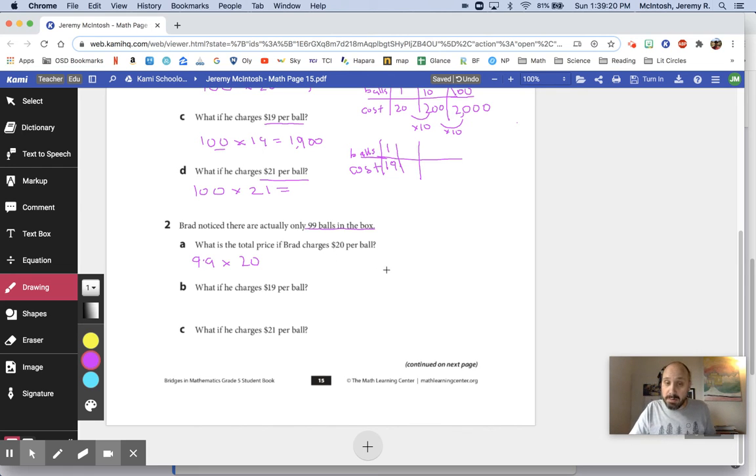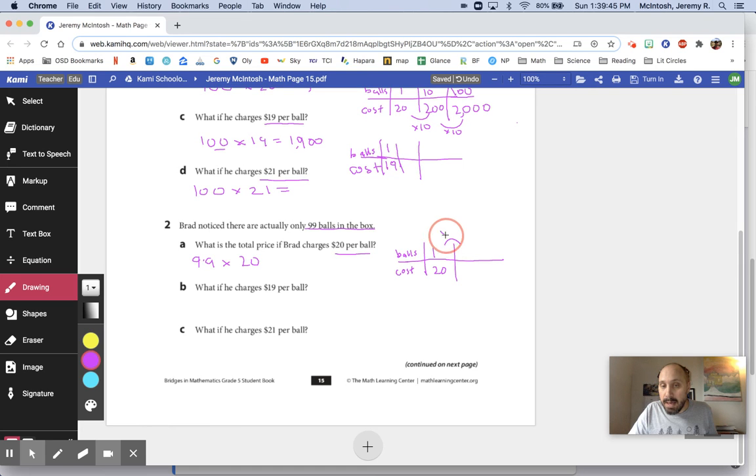So we could do a ratio table, which is what I love, as you all know. So we always start with our unit rate of 1. And this ratio is still $20. So right now, 1 ball costs $20. I want to get to 99 balls.